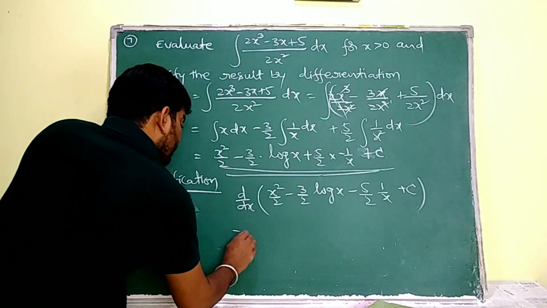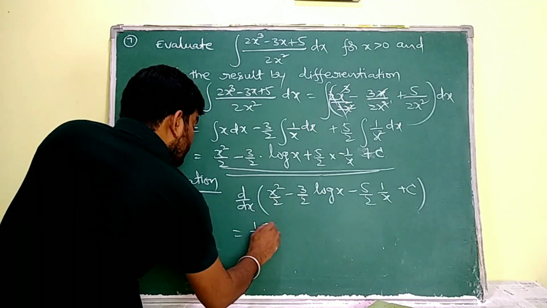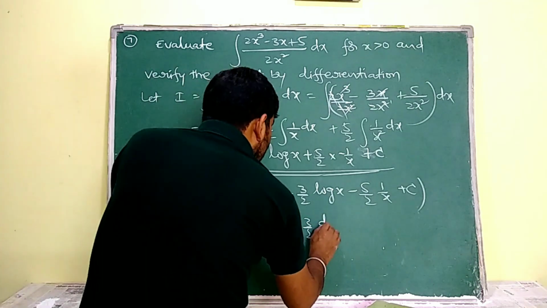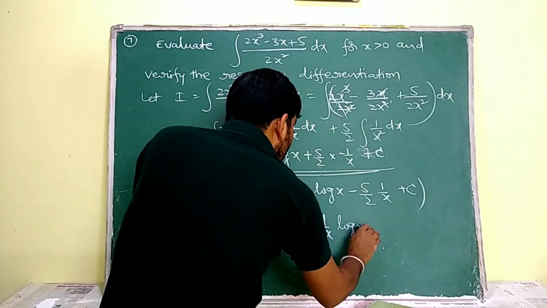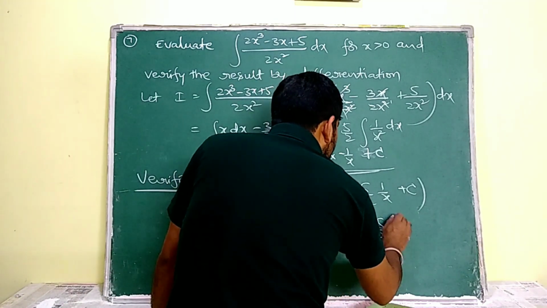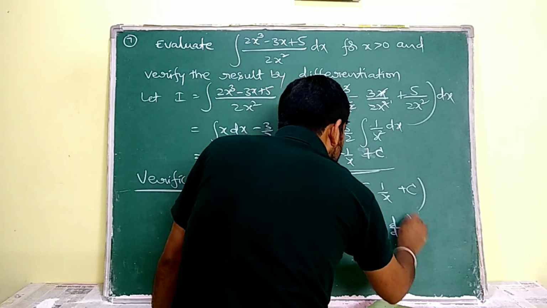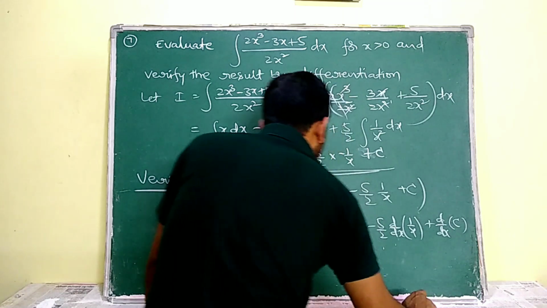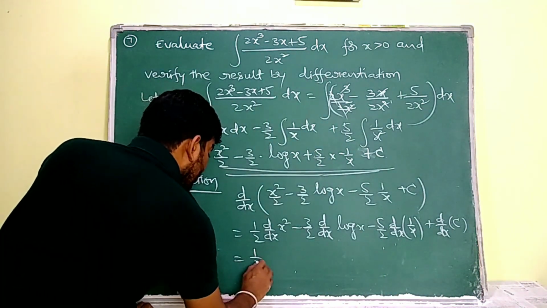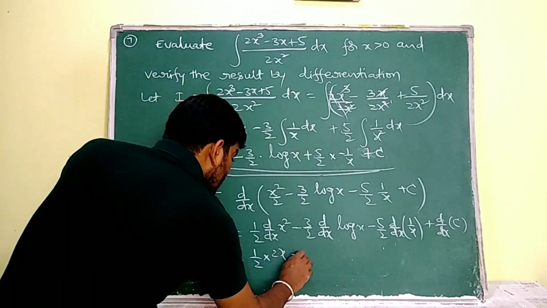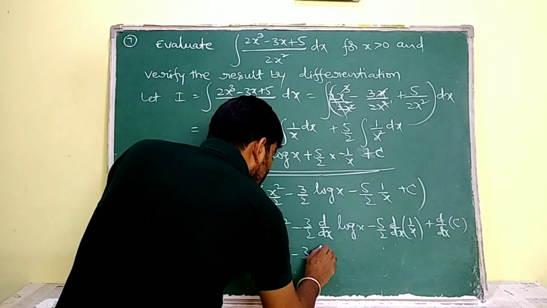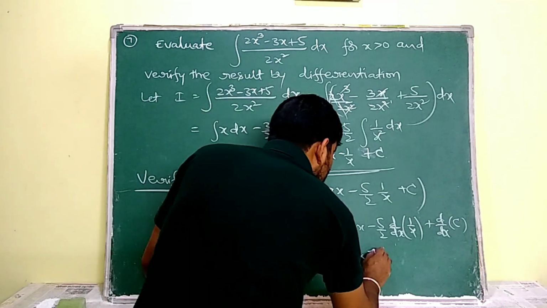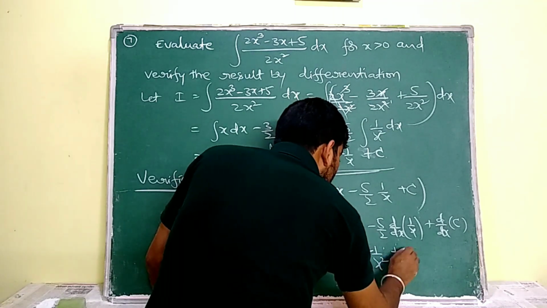Here 1 by 2 into d by dx of x square minus 3 by 2 into d by dx of log x minus 5 by 2 into d by dx of 1 by x, and d by dx of the constant. 1 by 2 into d by dx of x square means 2x, minus 3 by 2 into d by dx of log x means 1 by x, minus 5 by 2 into d by dx of 1 by x means minus 1 by x square, plus 0.